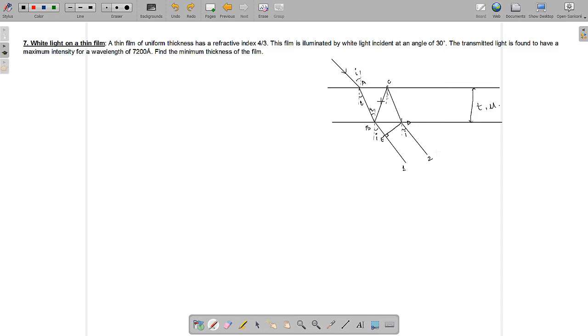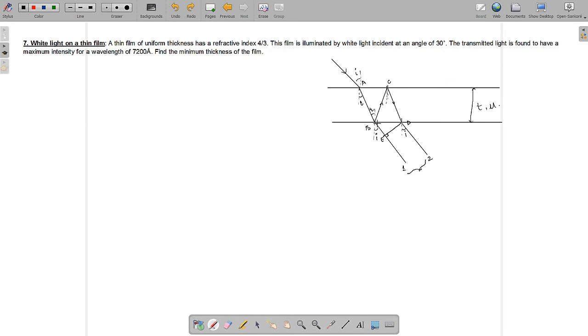Now, if we need to analyze the transmitted light for which the intensity is maximum, we need to find out what is the path difference that these waves have at this point. So, if we analyze what is the path difference between points D and E, we can find out the condition for maximum interference and then use that to find out the minimum thickness of the film.